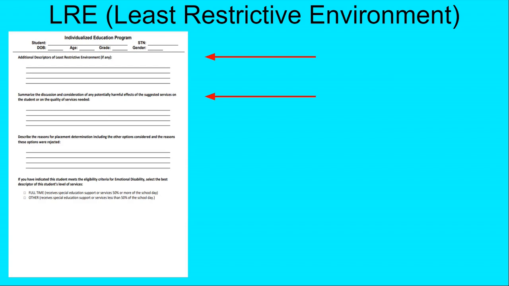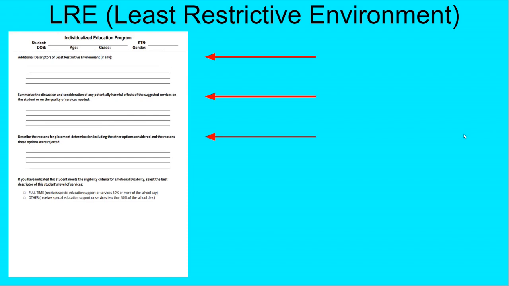However, up until about 5, 6, 7 years ago, they decided, you know what, there are some harmful effects because if we pull a student out for services, they may lose social interaction time with their peers. They may miss out on some academic material. However, they need these services in order to be successful. So the benefits outweigh the risks. And that's typically what we put in here, we talk about the potential harmful effects, but then we also reiterate that without these services, the student wouldn't be as successful. So that's what goes in here.